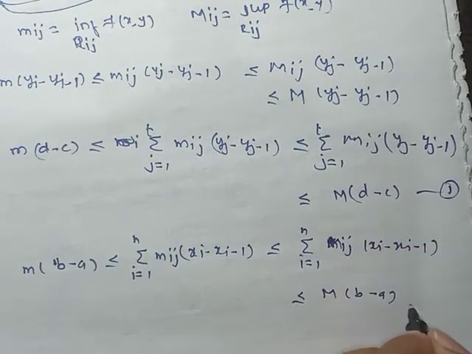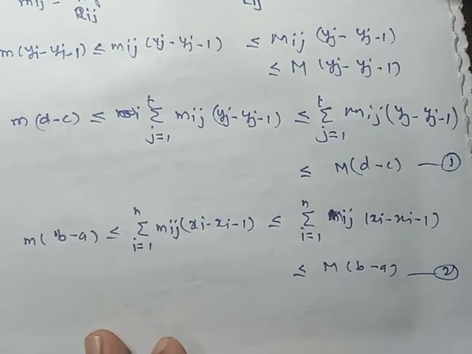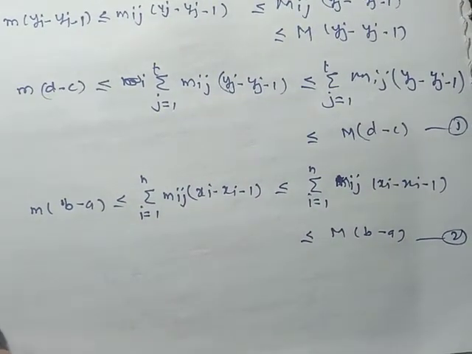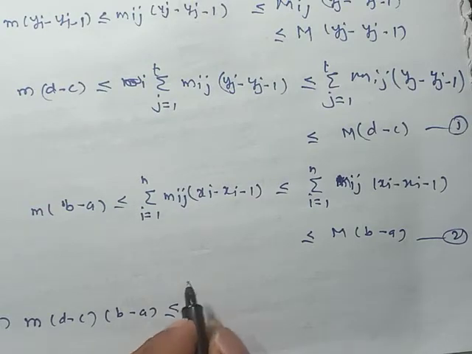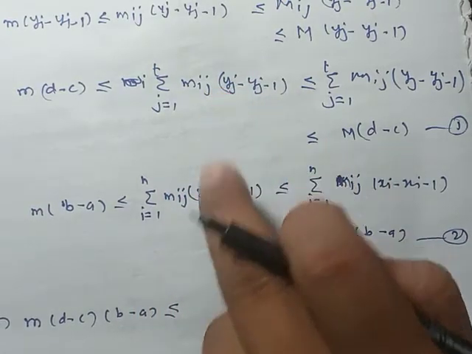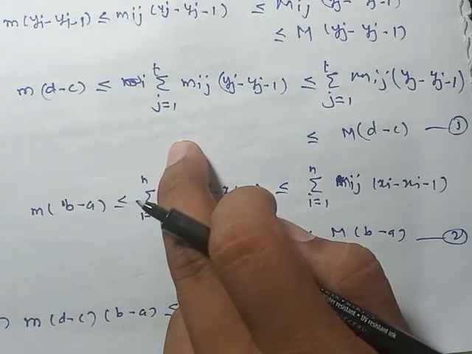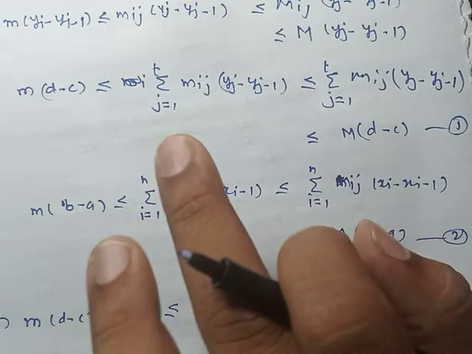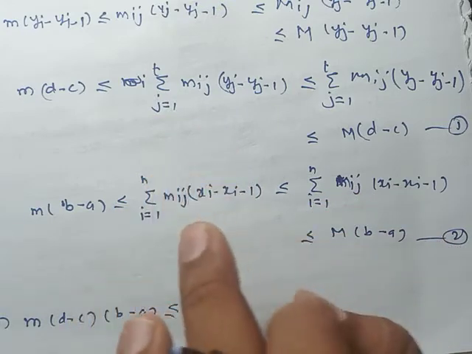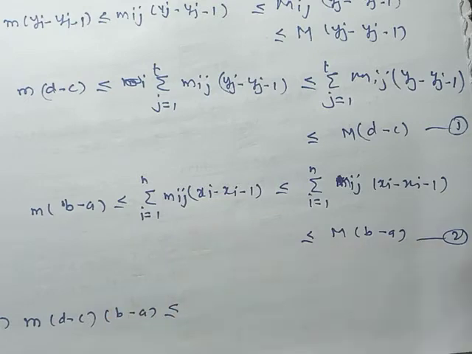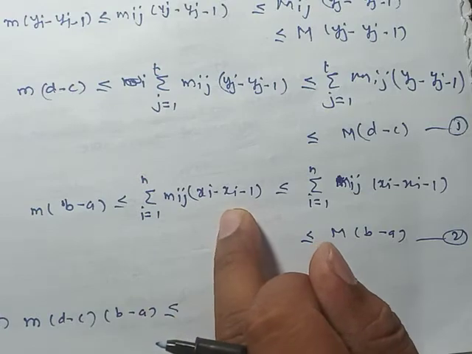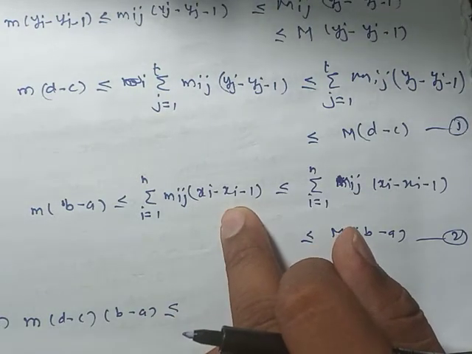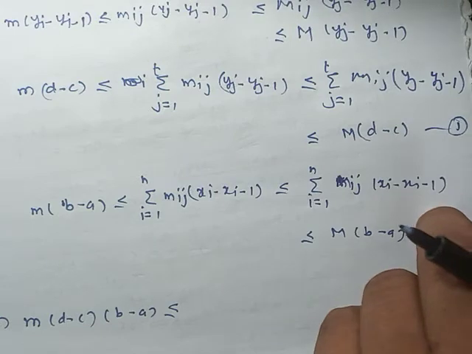Suppose this is equation number 1 and this is equation number 2. Multiplying equations 1 and 2 pointwise, we get small m into (d minus c) into (b minus a), which is less than the double summation, i runs from 1 to n and j runs from 1 to t, of mij into (xi minus xi minus 1) into (yj minus yj minus 1), which is the definition of the lower sum. And if we multiply these two quantities with capital Mij, we get the upper sum.